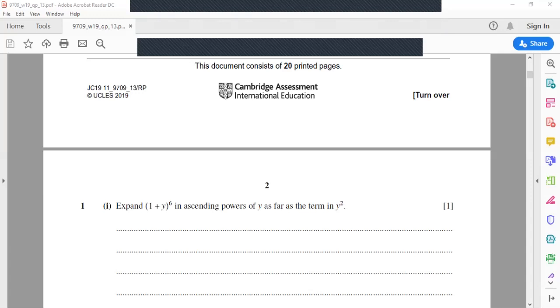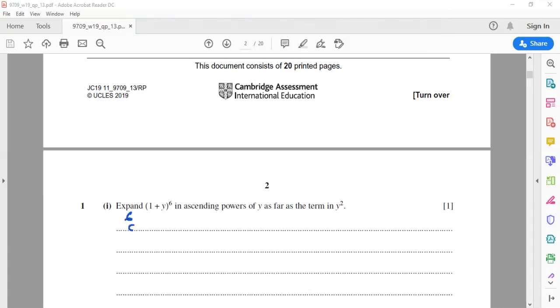The binomial theorem starts with 6c0, 1 power 6, y power 0, then 6c1, 1 power 5, y power 1, then 6c2, 1 power 4 and y power 2, and that's all.